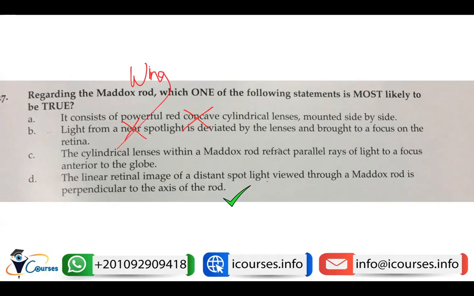Cylindrical lenses within the Maddox rod refract parallel light rays to come to a focus at the retina, not anterior to the globe. As you can see here, this is contradicted by the second one. It is the linear retinal image, so it is focused on the retina, not anterior to the globe. The linear retinal image of the distant spotlight viewed through the Maddox rod is perpendicular to the axis.